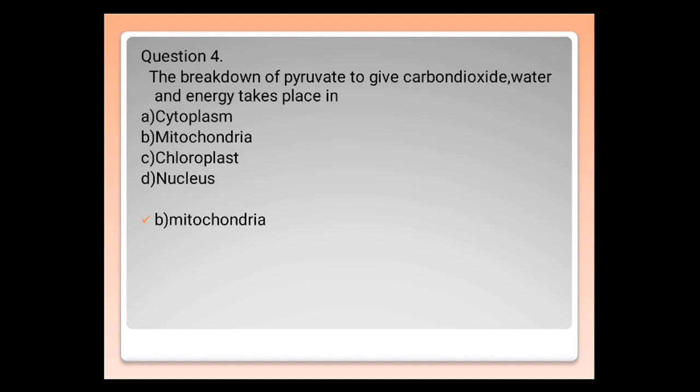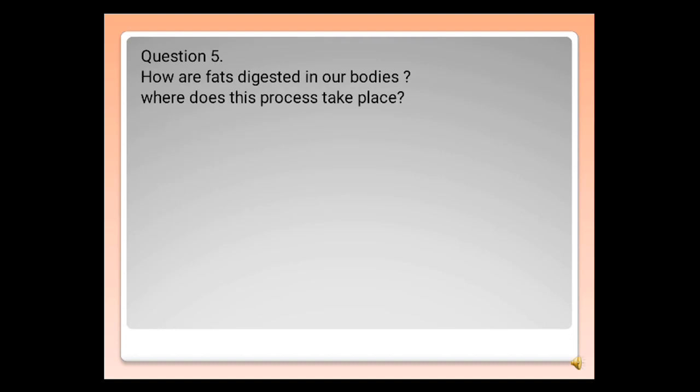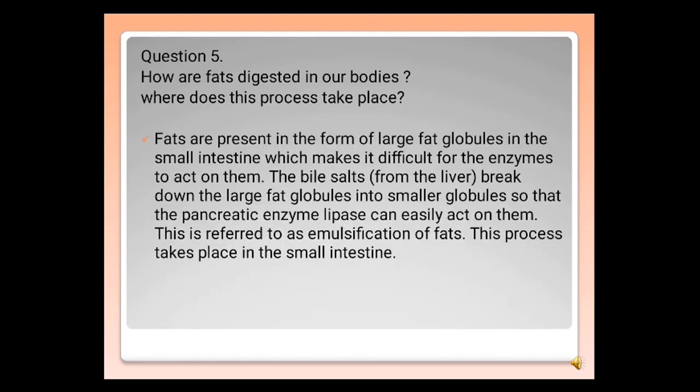Next question. How are fats digested in our bodies? Where does this process take place? Answer: Fats are present in the form of large fat globules in the small intestine, which makes it difficult for the enzymes to act on them.